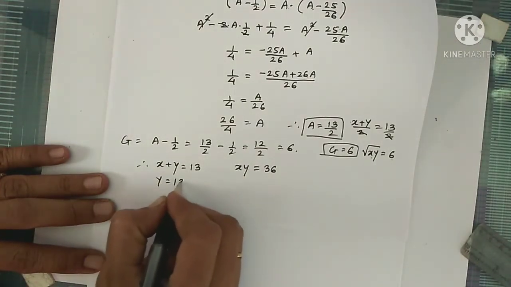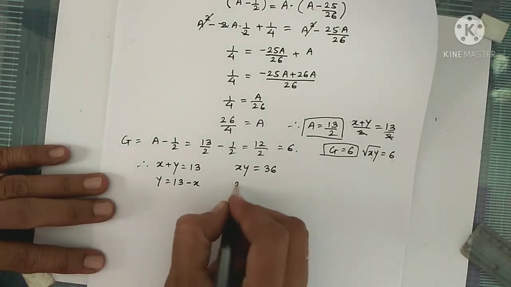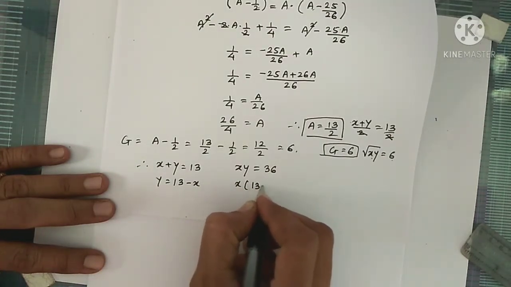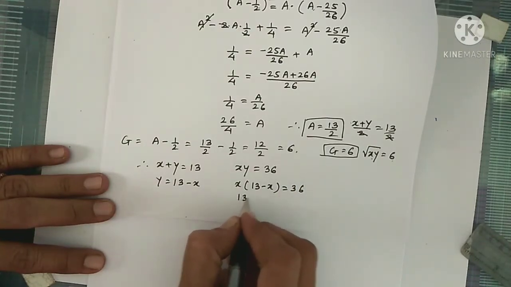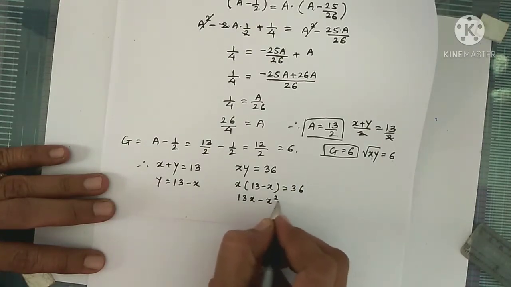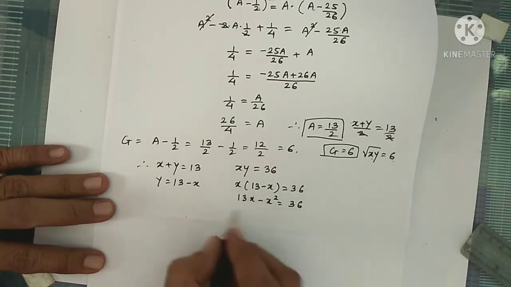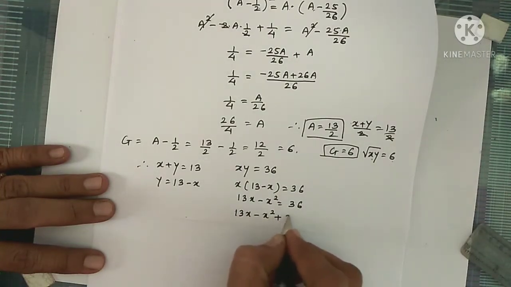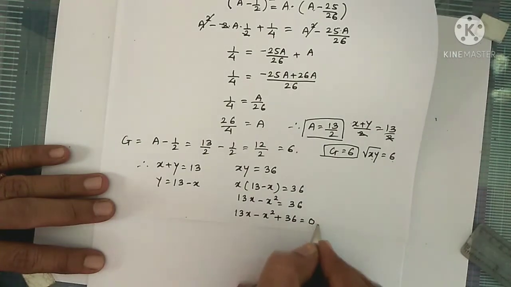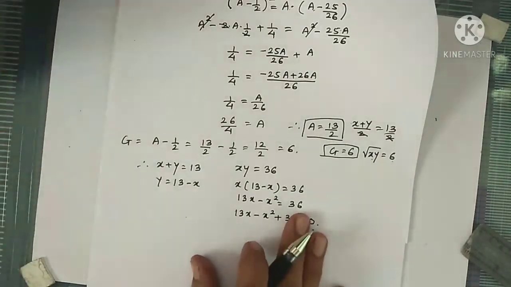So y equal to 13 minus x. Now substituting y as 13 minus x, we have 13x minus x square equal to 36. So 13x minus x square minus 36 equal to 0.